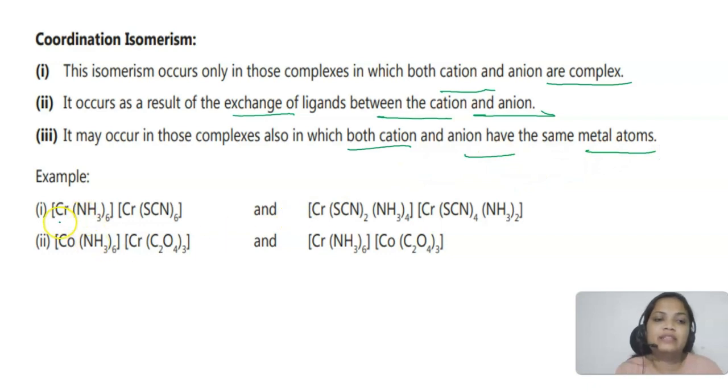Like here you can see that cation and anion both are having chromium. So there will be an exchange of ligands. Two thiocyanate have come here and two ammonia have gone to the anion part. So there will be an exchange between the cation and the anion. This we will be calling coordination isomerism.